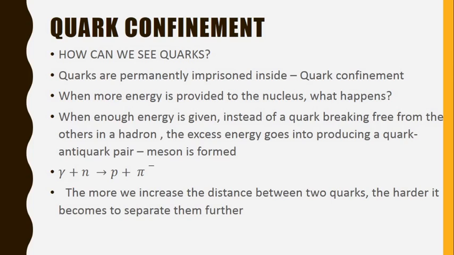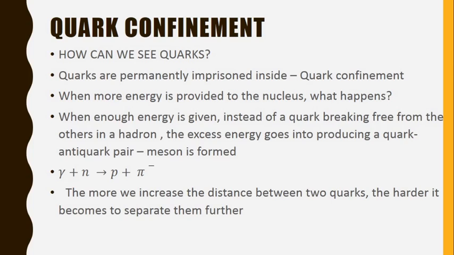Now what happens when we increase the distance between two quarks? If we want to split the quarks, we have to provide more energy so that the distance between these quarks is increased, they get detached, and we can see the quarks, isn't it? But the more we increase the distance between two quarks, the harder it becomes to separate them further.